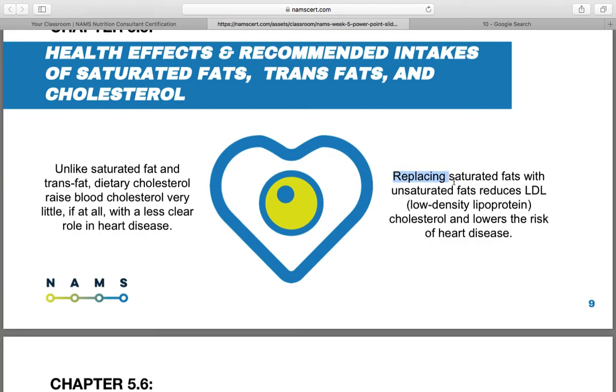So guys, this is really important right here: replacing saturated fats with unsaturated fats. It's something to think about, and I explained in many lessons about reading food labels and understanding how much saturated fat you should take in and how to read on the food labels how much fat is in the food that you are taking in.